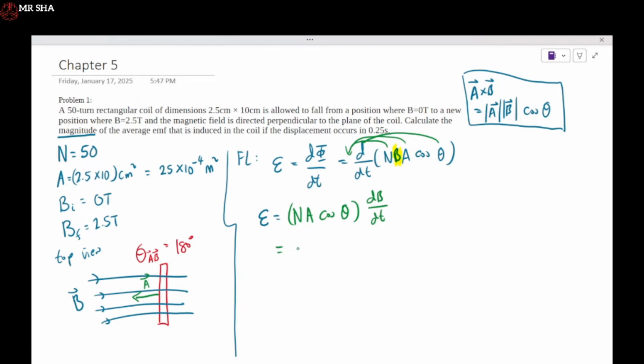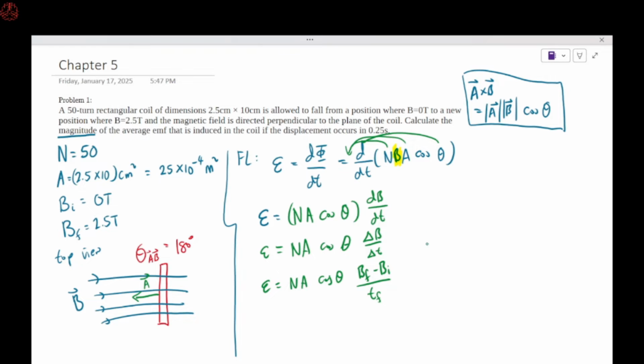Because the rate of change is relatively constant, we can change it to delta B over delta t, which is B final minus B initial over the time taken.